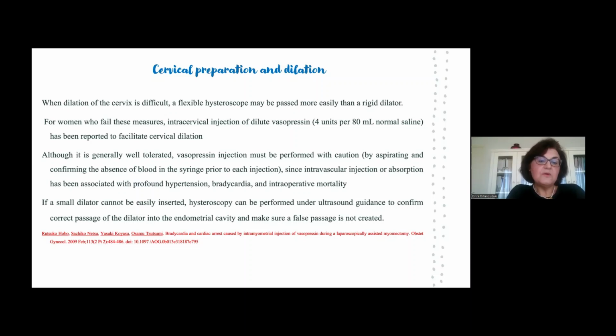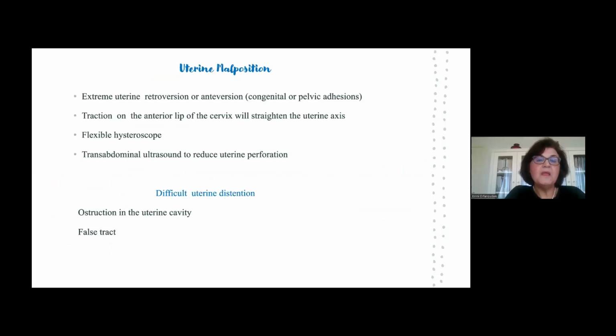If a small dilator cannot be easily inserted, hysteroscopy can be performed under ultrasound guidance to ensure the correct passage of the dilator into the endometrial cavity and make sure a false passage is not created. Uterine position: extreme uterine retroversion or anteversion is congenital or from pelvic adhesions. Traction on the anterior lip of the cervix will straighten the uterine axis.